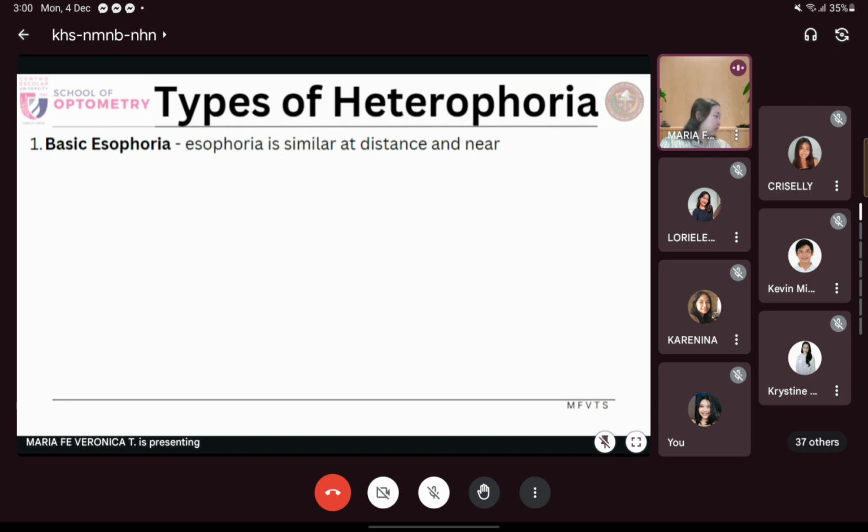Yung foria measurement? May nakakaalala ba? Anong test number natin kinukuha yung foria measurement? Foria at far and foria at near.